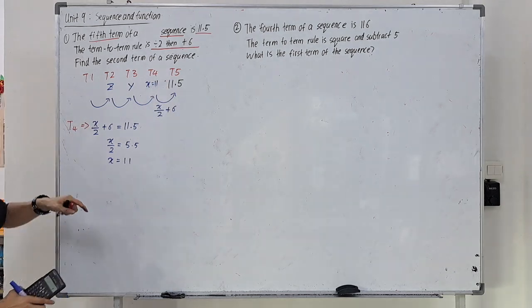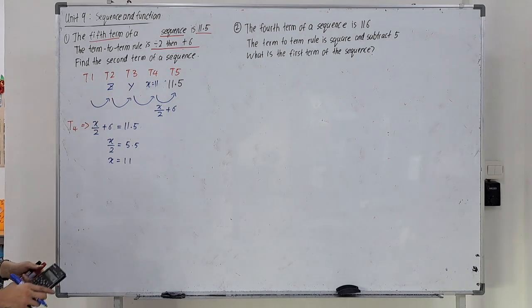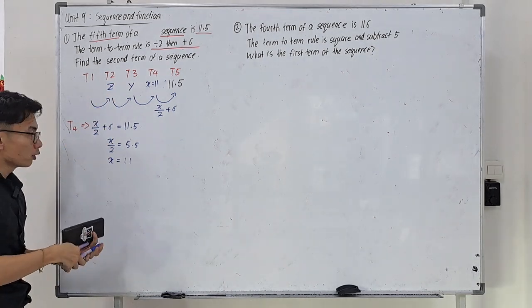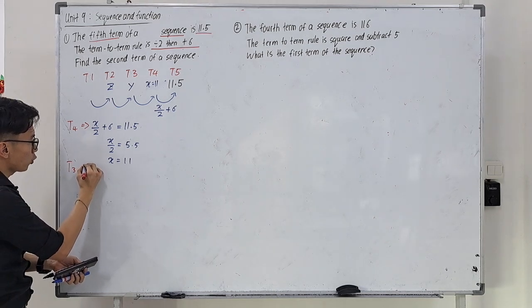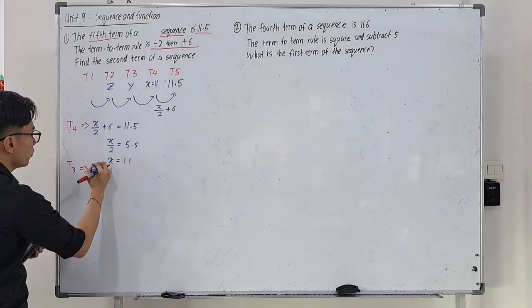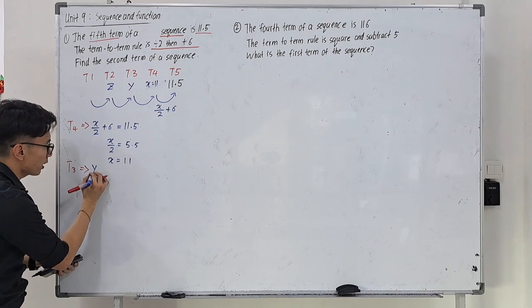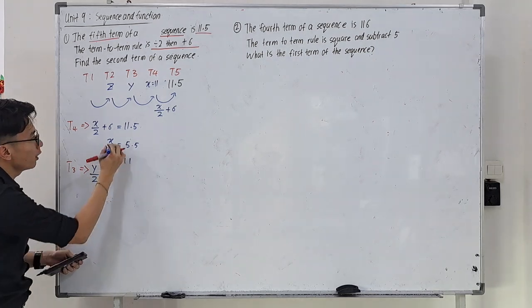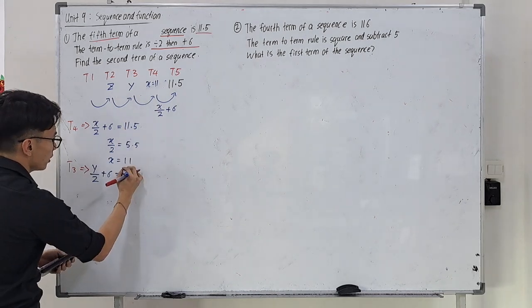Alright, so the same thing. To come to z, I need to find y first, that's my term 3. I'm going to craft my equation again. Whatever the number is over here, which is y, I need to go through the term to term rule, which is to take this and divide by 2, and then plus 6, and that will give me 11.